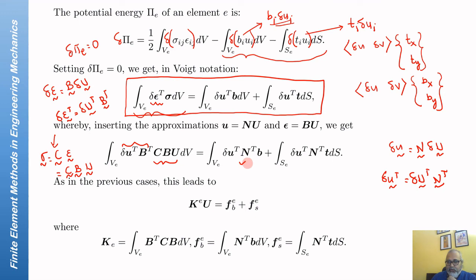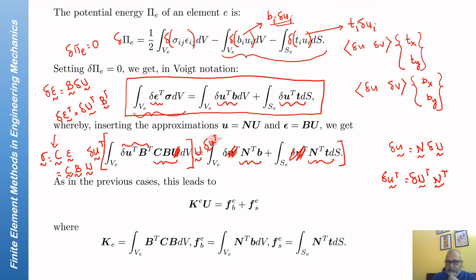So I have N transpose B here from this, and I have N transpose T here from this. So now I make the usual assumption that delta U is an arbitrary quantity, so I can take it outside. U does not depend on this V, so U can be taken outside as well, and I'm left with this part. Here also delta U transpose is taken out, and I'm left with this part.